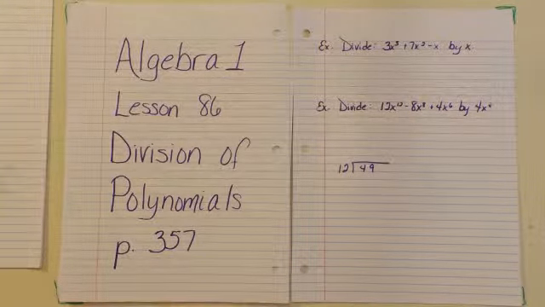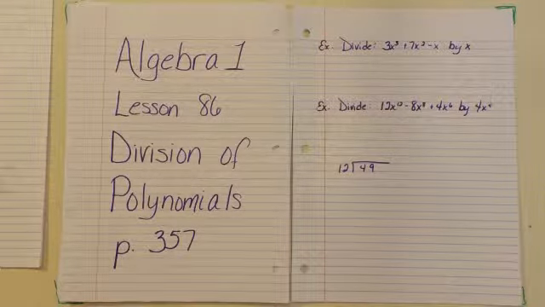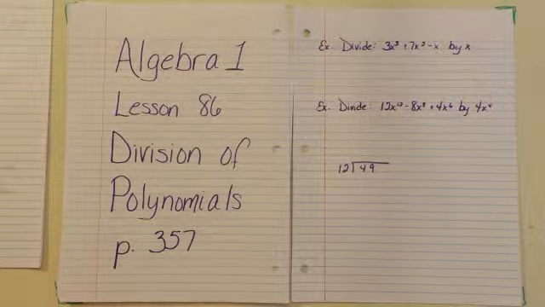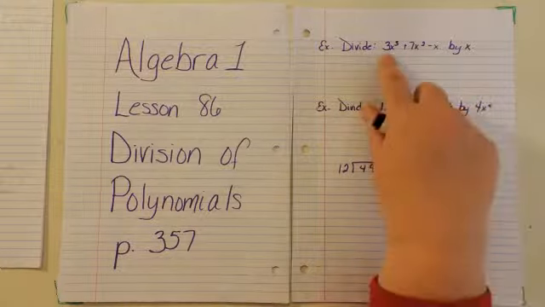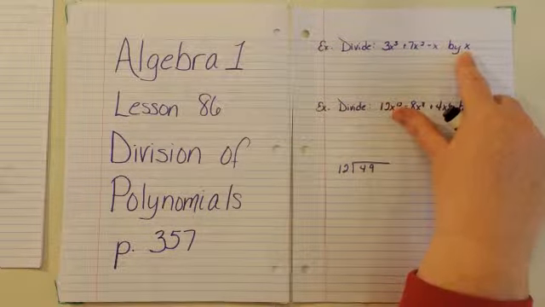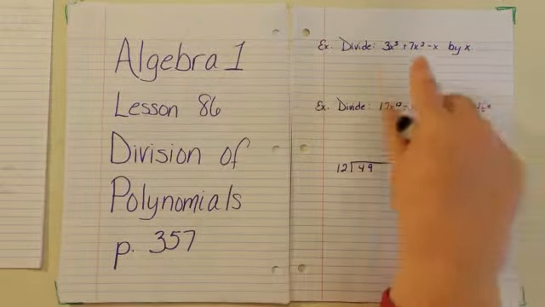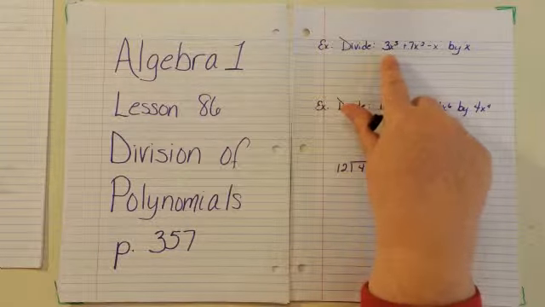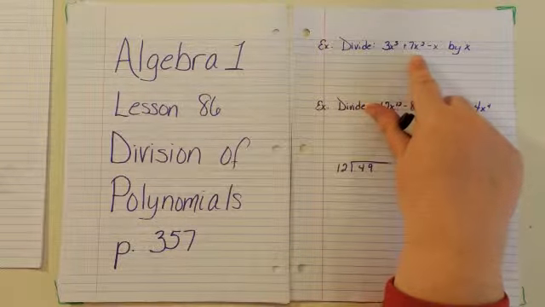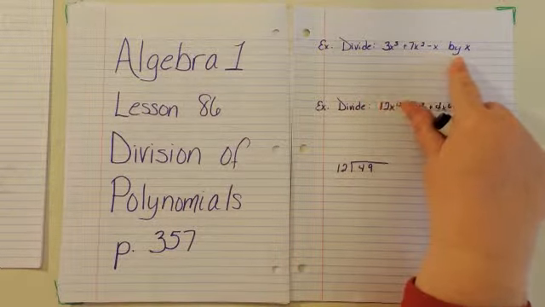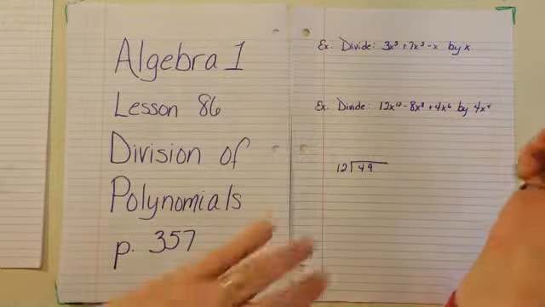The simplest type of polynomial division is a division of a polynomial by a monomial. So we have a polynomial and a monomial, just one term. If we were going to divide 3x cubed plus 7x squared minus x by x, we could just factor it out.